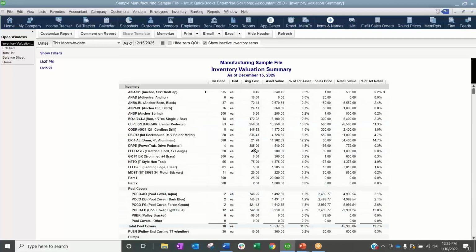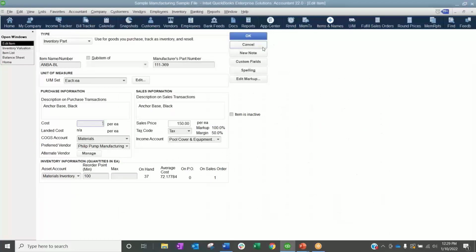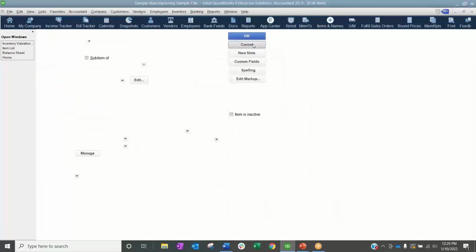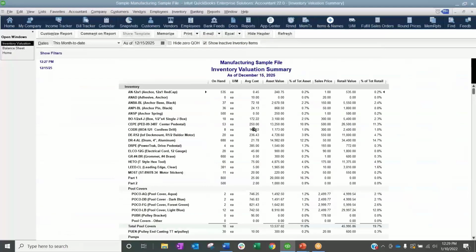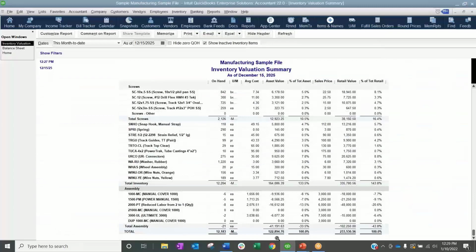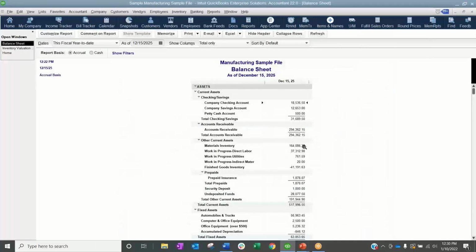Okay. For the purpose of this session, what we're talking about is we want the inventory valuation summary report to tie out to the balance sheet. Okay. So in the balance sheet, there might be a couple of different inventory accounts. So you might need to add a couple of things together.